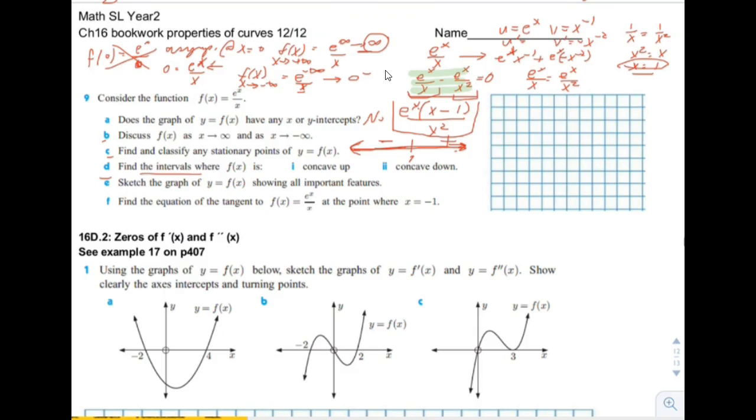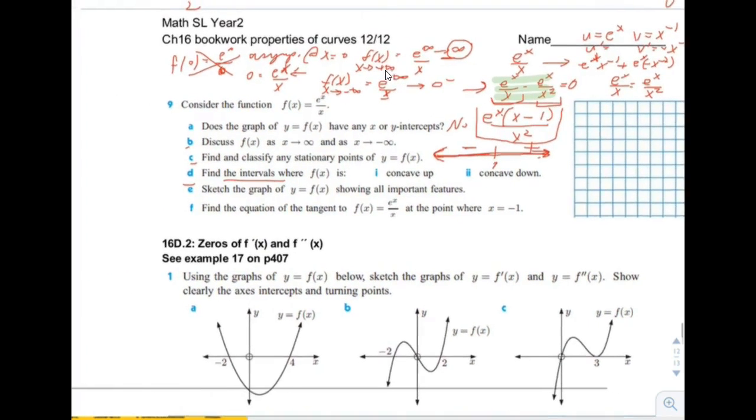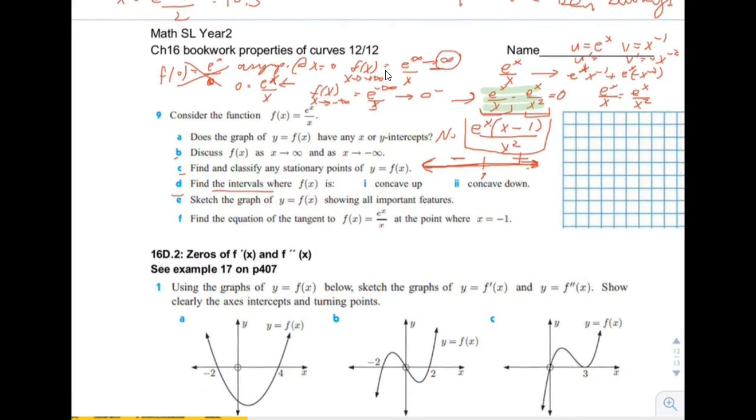How about if we take the second derivative of that? It's a little bit easier, I think. So we're going to have the derivative of e to the x over x. Hey, what do you know? The derivative of e to the x over x would be the same as the original function, right? And we already know what the derivative of that is.